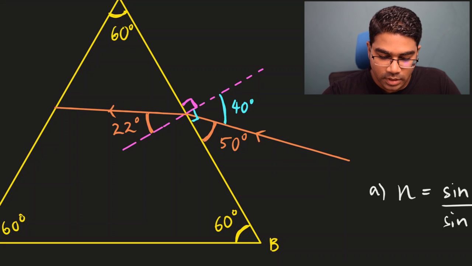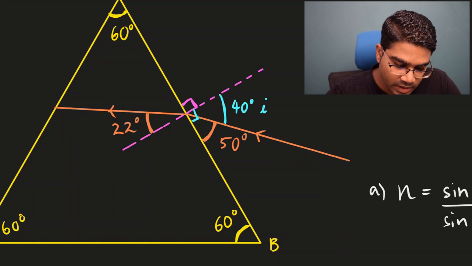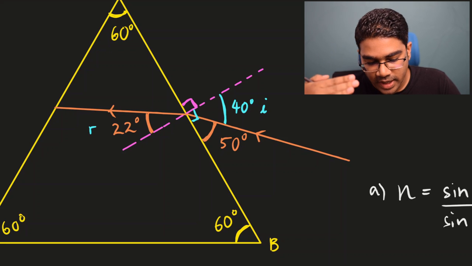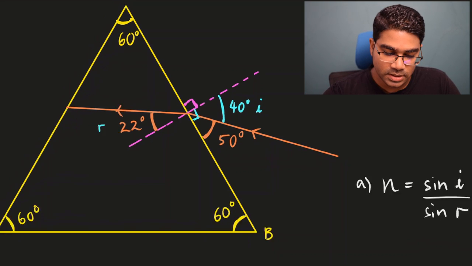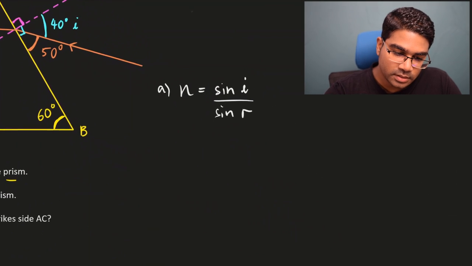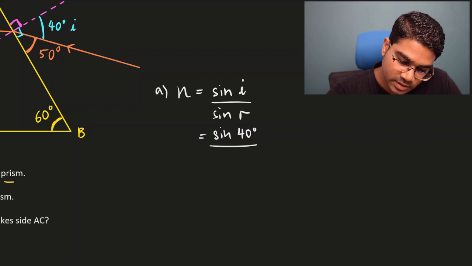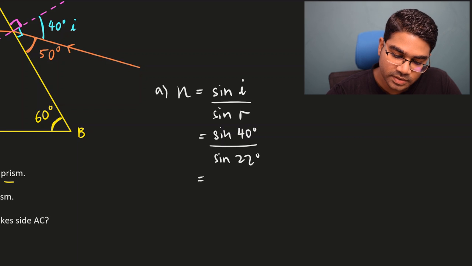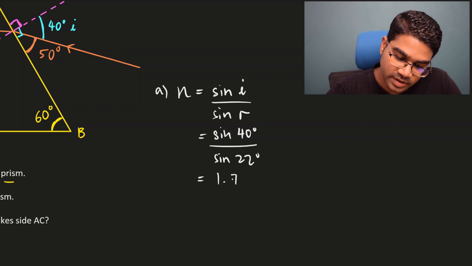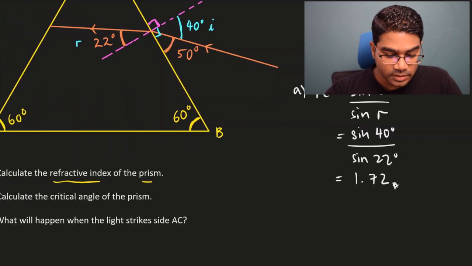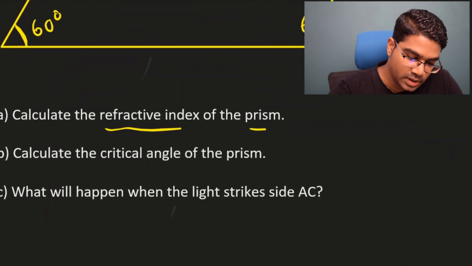And therefore, this is i and 22 is r. 22 is the angle between the ray as well as the normal. So this is the refracted angle. So this will be equal to sine of 40 degrees over sine of 22 degrees. And this will give us a value of 1.72.